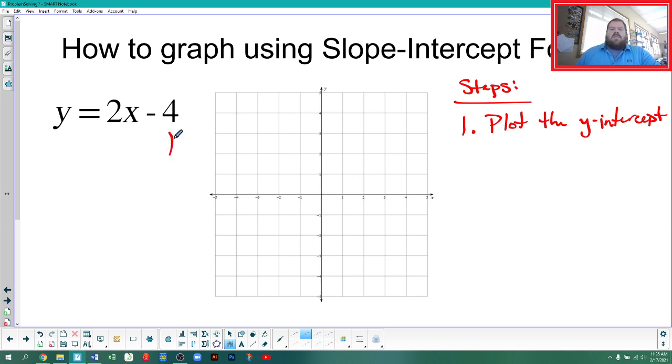The y-intercept comes from the second part of the equation, from this -4, so we put that on the graph. Then, in order to get any line, I need 2 points, so I want to plot another point using my slope.